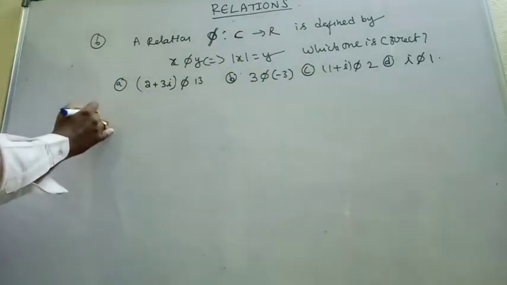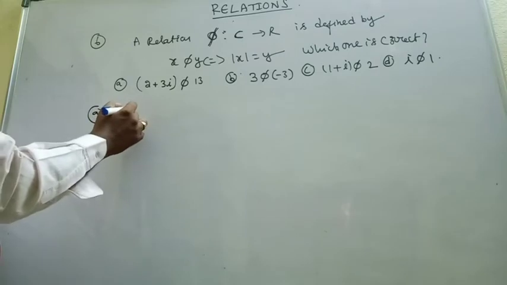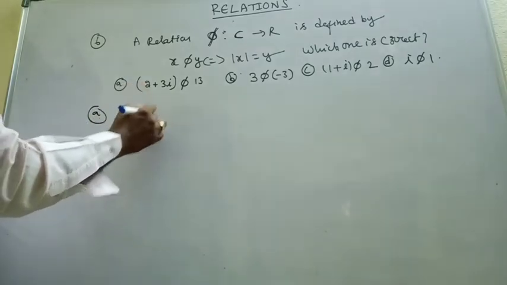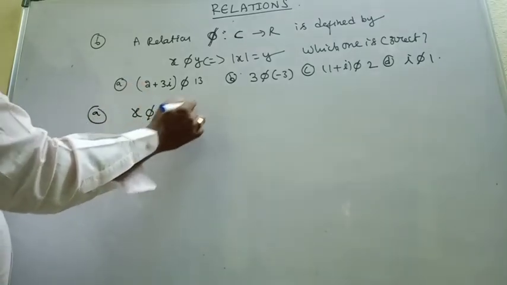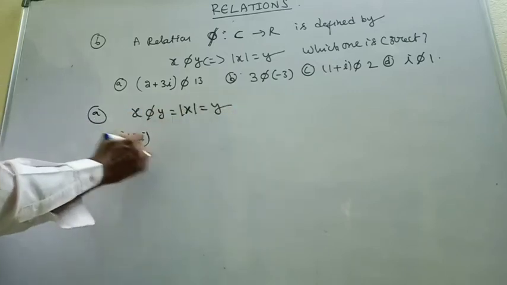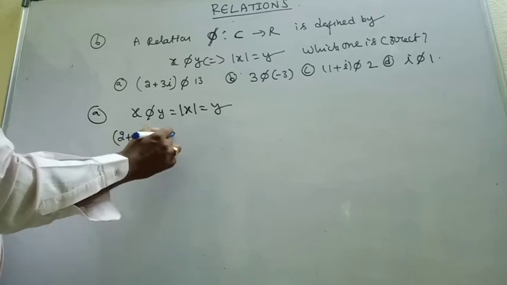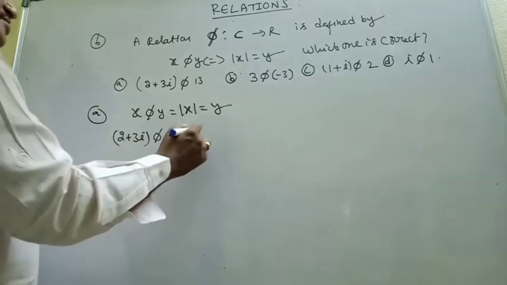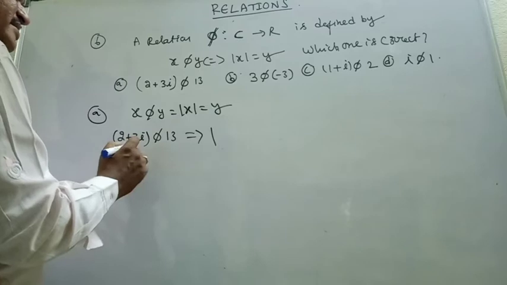Now let us take A. Here x pi y means, once again I am writing, modulus of x equal to y. X means here 2 plus 3i, related with 13. Now modulus of x, where x is 2 plus 3i.